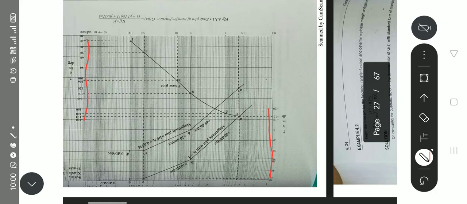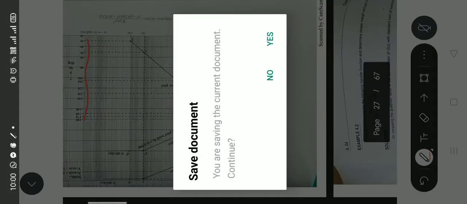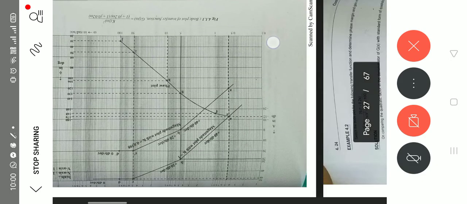Next, what is the lower corner frequency? The corner frequency is 0.5. Here, 0.5 is minus 12 dB, 5 is 28 dB, 50 is 48 dB, and 100 is 48 dB.